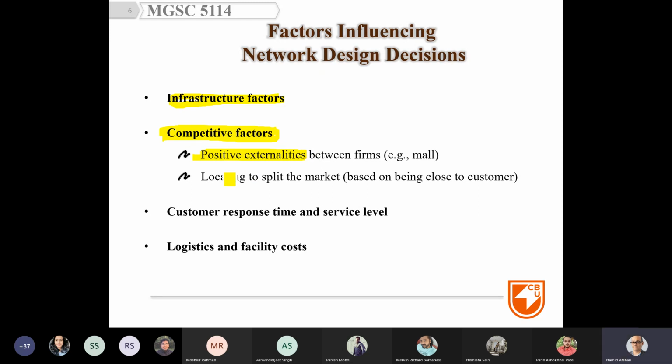Do you have any example where you prefer to go very close to your rival? Some add-on services, sir, like home delivery or anything. So you go close to your rival, I mean, your store is beside your rival.